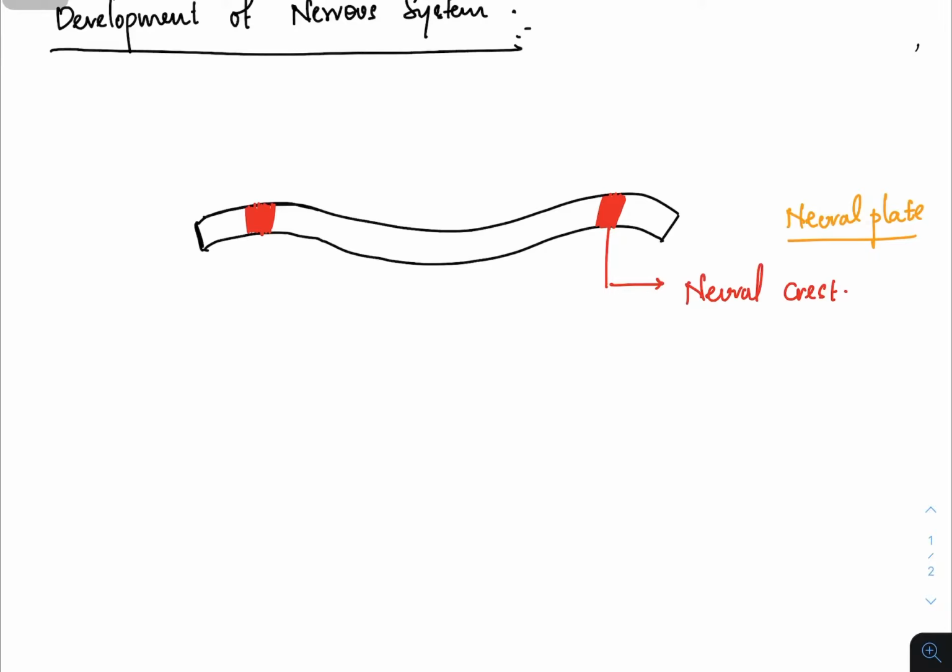Next, this green part located lateral to the neural crest, you call it ectoderm.